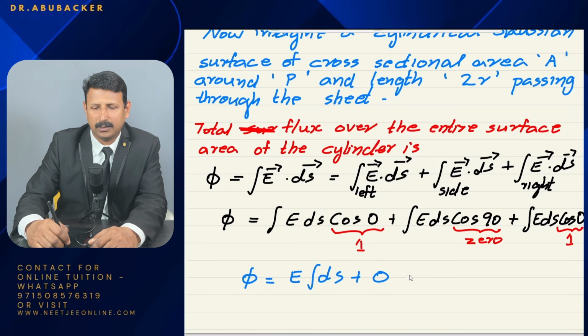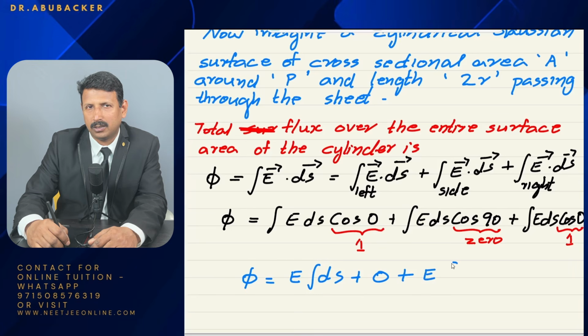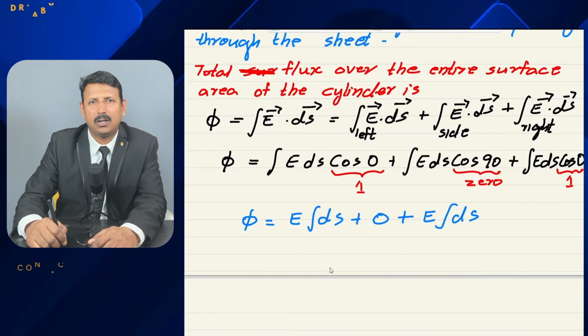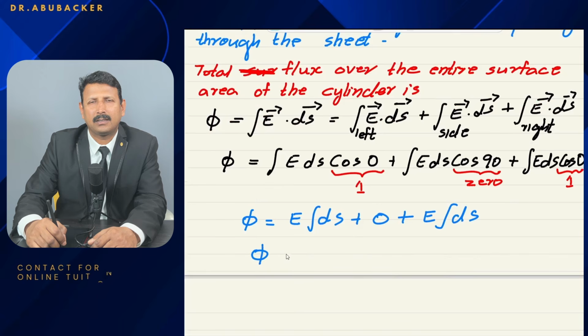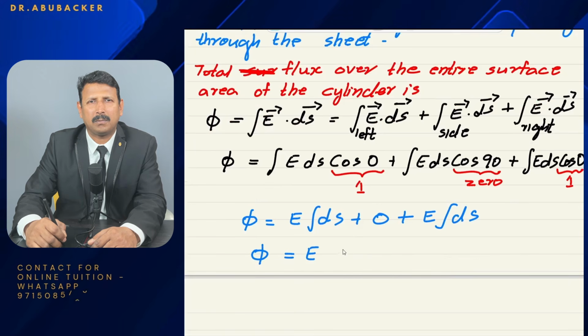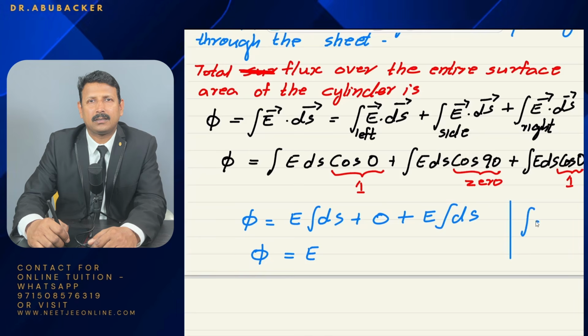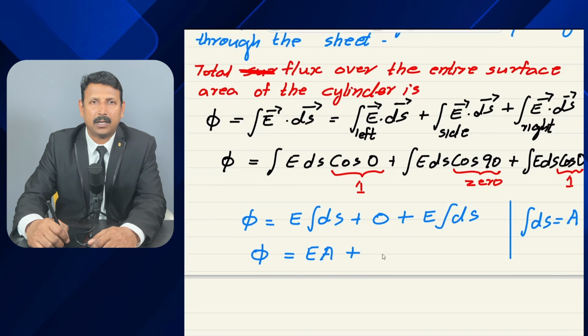So the first part exists. E goes outside because it is constant: E integral ds plus 0 plus E integral ds. Simple and understandable, which is why I'm not repeating it. In the previous case, the integral of ds over the sphere was 4 pi r squared.